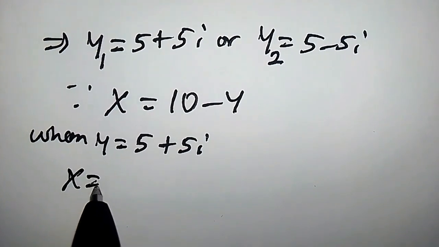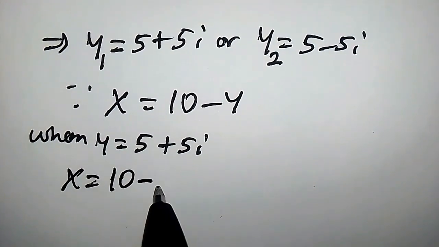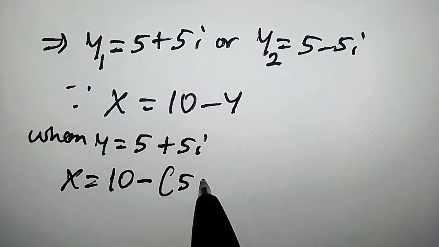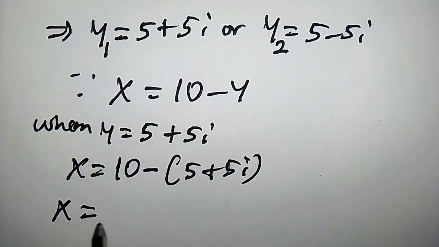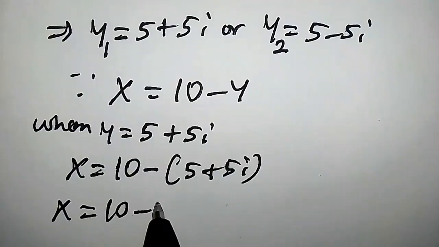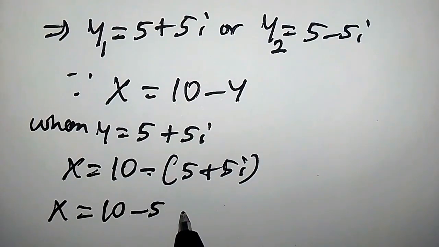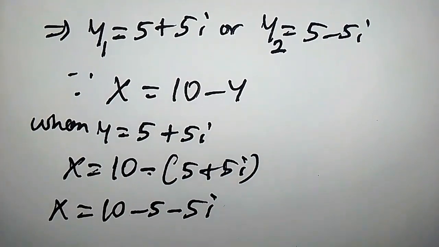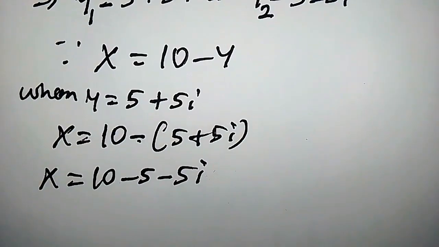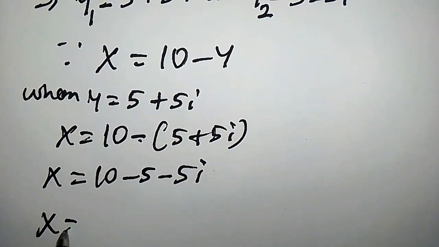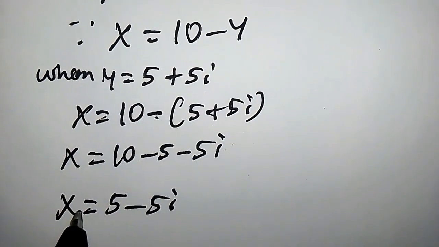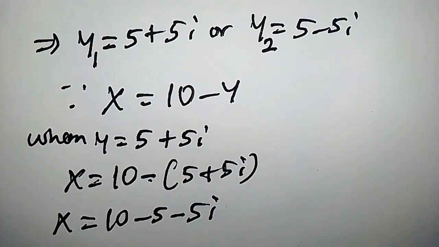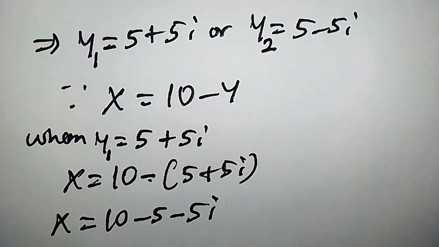So x is equal to 10 minus (5 plus 5i). X is equal to 10 minus times 5, that is minus 5, minus times 5i, that is minus 5i. It is obvious that x is equal to 10 minus 5, that is 5, minus 5i. Let's call this x1, and don't forget, this is just our y1.